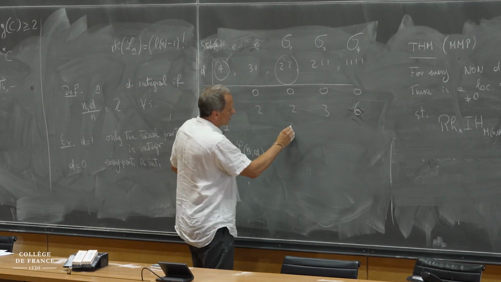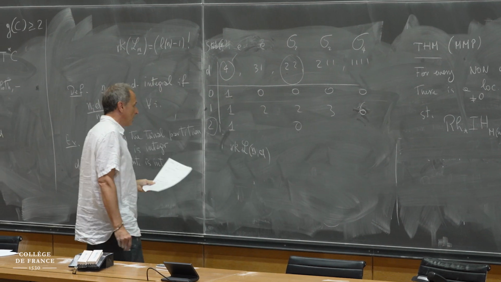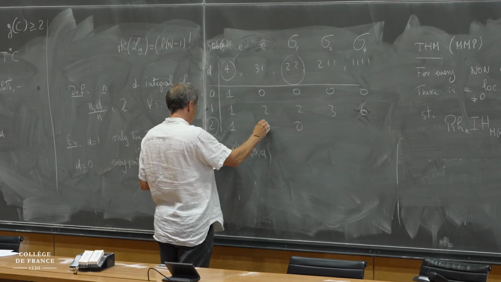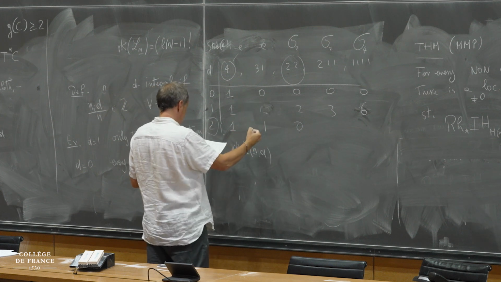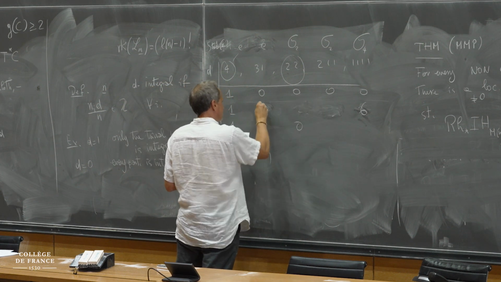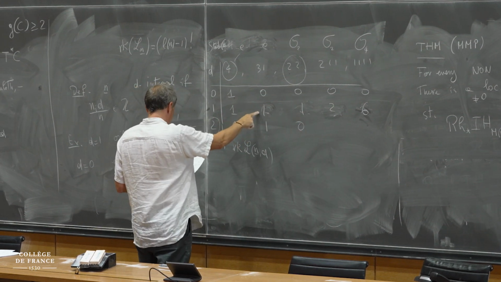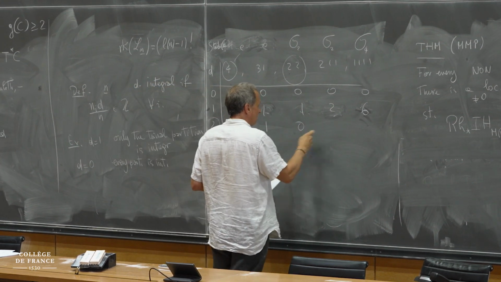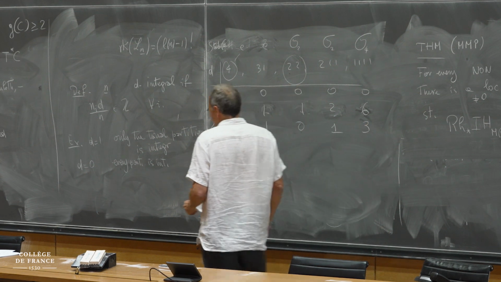So here, 2, 2, D is integral, so there is no support here. Otherwise, the supports are as follows. Sorry, I messed up the ranks. 1, 2. Okay, here the rank is the same. Here it is 0, here is 1, and here is 3.